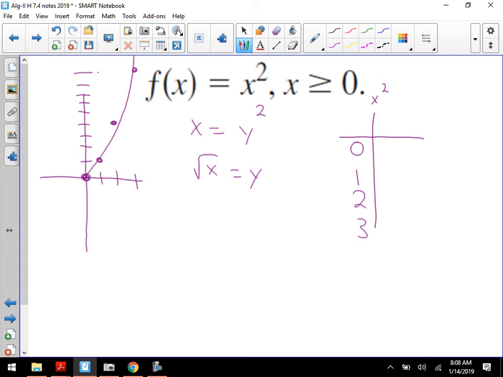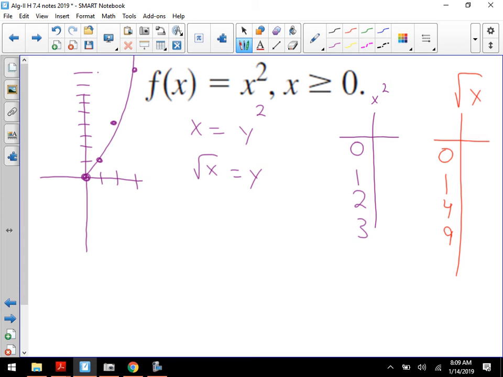Now, if I turn it around and think of the other graph, I'm going to pick different numbers for my x values. Instead of 1, 2, and 3, I'm going to use 0, 1, then 4 and 9. Reason being that way it fits, because I want to pick values that are easy to work with. Does that make sense?